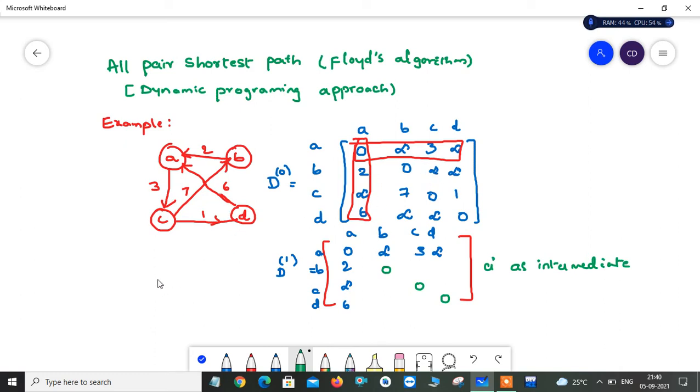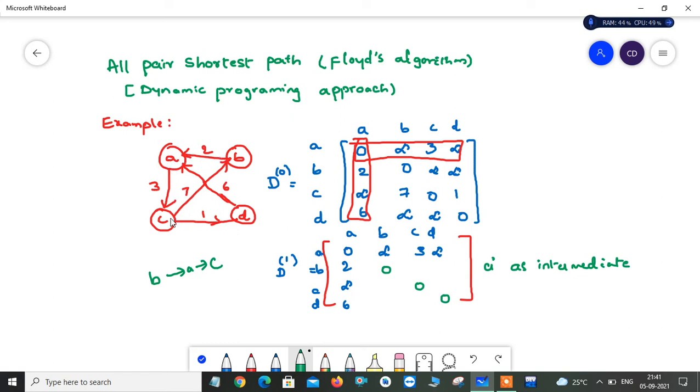Now I'm trying to find from B to C if I have any path with A. I'm trying to find a path from B to C with A as an intermediate. From B to A I have a path, from A to C I have a path. So now I can reach B to C with A as an intermediate.